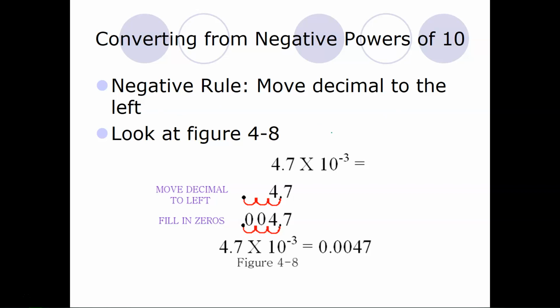So in dealing behind the decimal, that means that if I have 4.7 times 10 to the negative 3, I had my decimal point out here, and I had to move it 1, 2, 3 places to get my negative 3. So in order to write it back out the other way to get my decimal point in its original position, I take my decimal point and I go, well, that's 1, 2, 3.